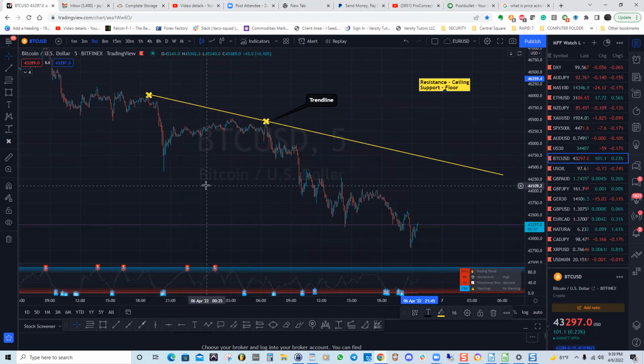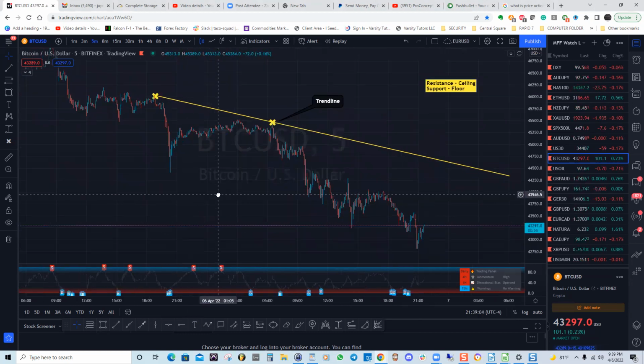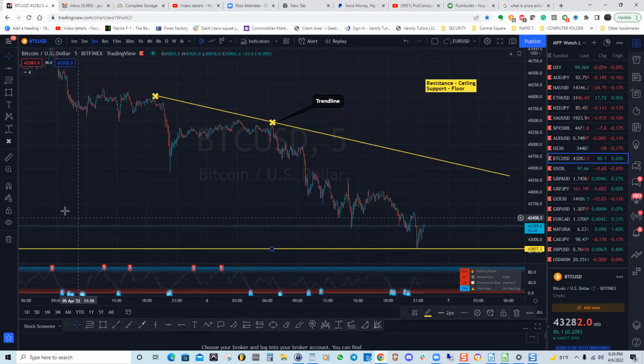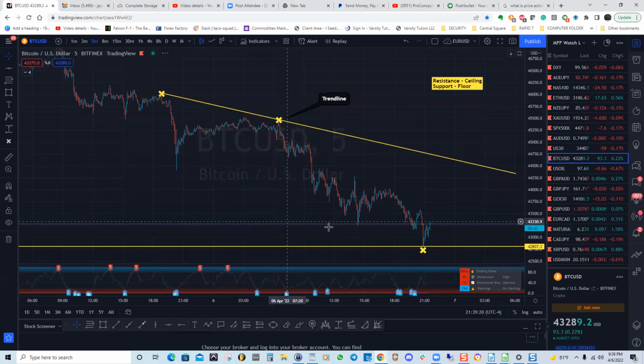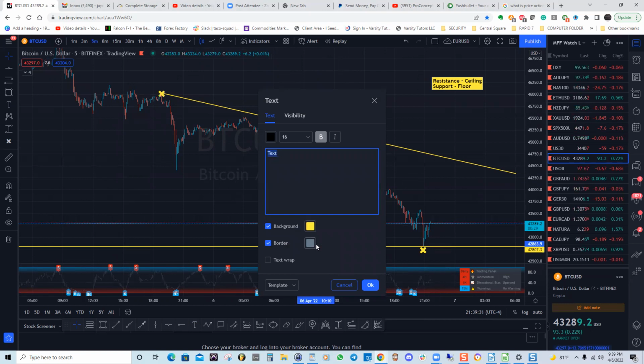So again, this is the 5-minute chart on Bitcoin. And let's draw some zones here. I'm going to draw a line right here because this is where price came to the lowest point. You can see right here, on this view, this is where price came to the lowest point. So we're going to call this an area of support.